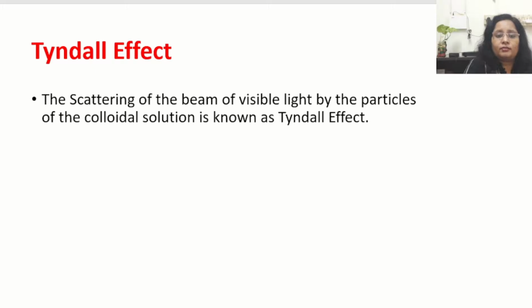A well-known example of this Tyndall effect is a dark room, where we can see a beam of light, or a dark forest, where we can see the Tyndall effect very easily.